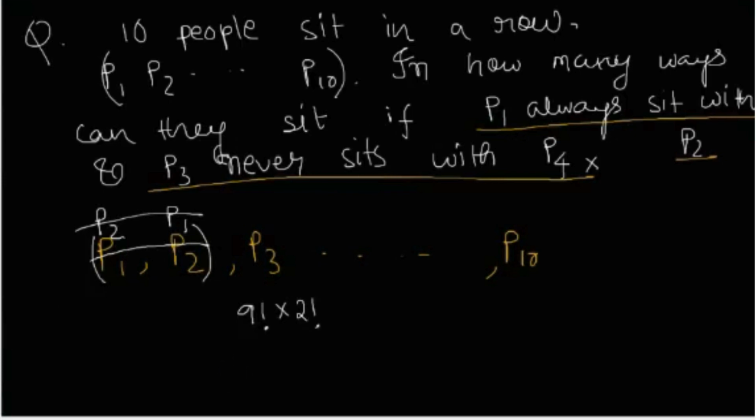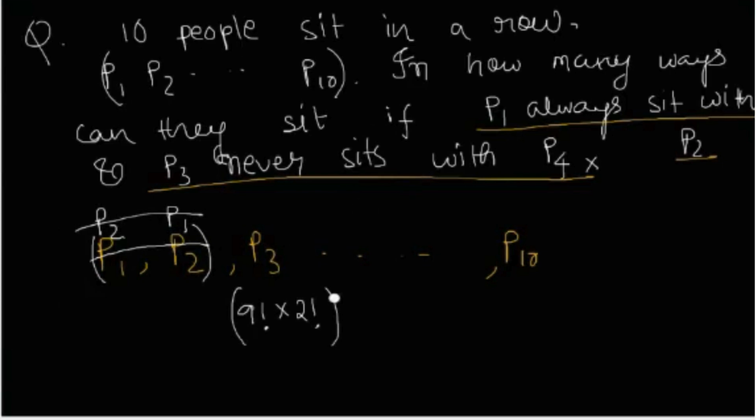These are the total number of possible arrangements, given the fact that P1 sits with P2. Now we need to consider the fact that P3 never sits with P4. So 9 factorial into 2 factorial are the total number of arrangements in which P1 and P2 sit together.